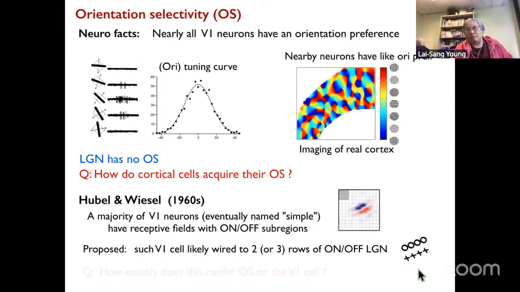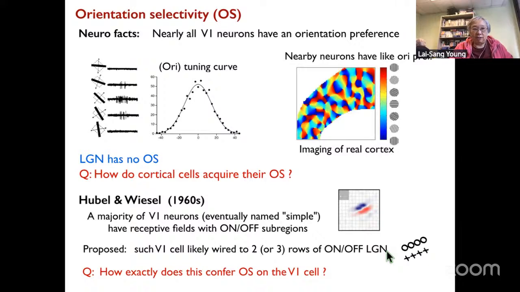I had a little trouble deducing that directly; it wasn't completely immediate for me. So I figured out a few more math details for myself, and I'm going to share that with you. On the next page, I'm going to explain how exactly, if a neuron is wired to 2 rows of LGN cells, one on and one off, that neuron would prefer a direction and not fire in the opposite direction.